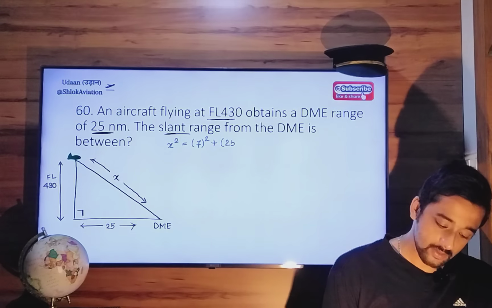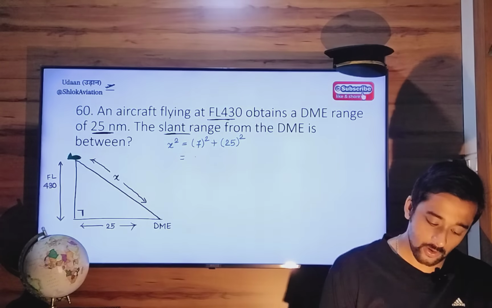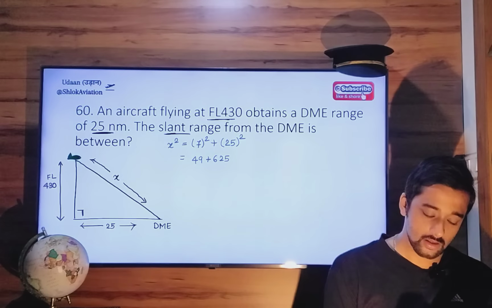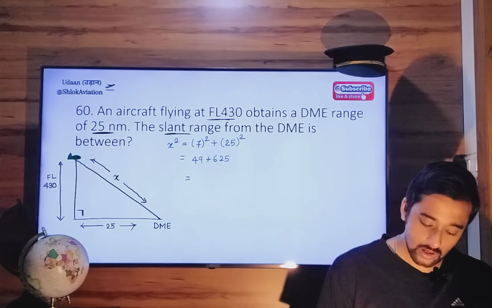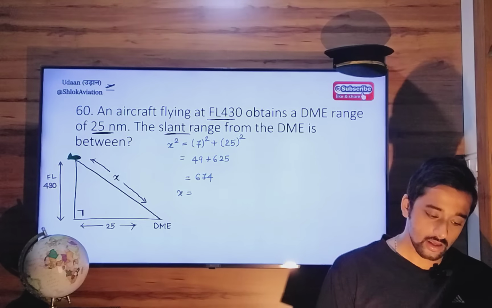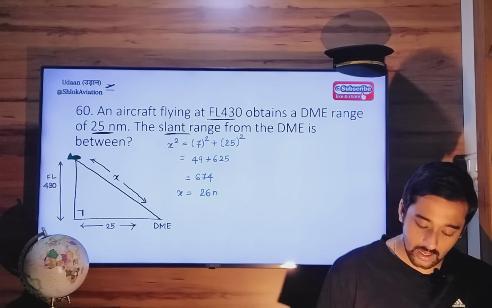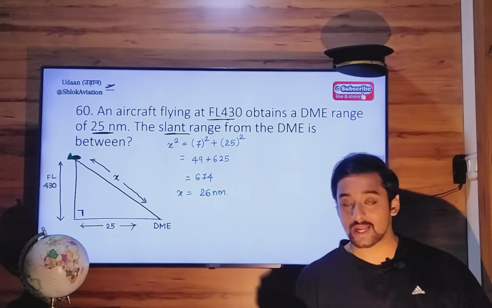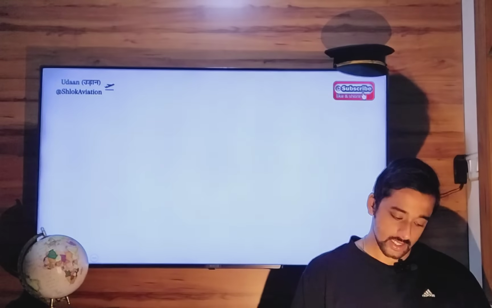All the units must be the same, in terms of nautical miles. So 49 plus 625 is 674. So x will be the square root of that, which is 26 nautical miles. So the slant range is 26 nautical miles.